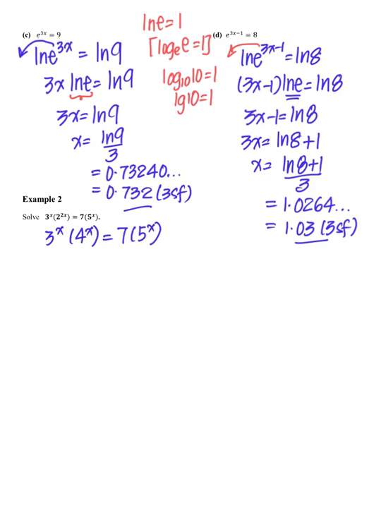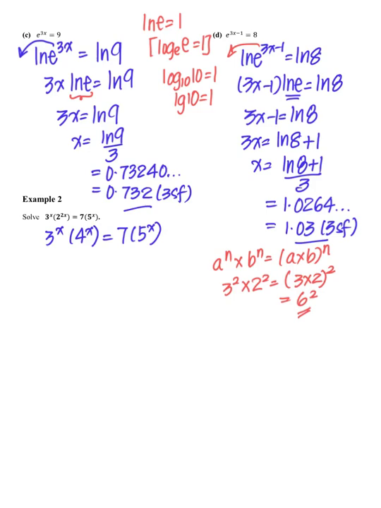Using your law of indices, a to the power n times b to the power n is equal to a times b to the power n. For example, 3 square times 2 square is actually 3 times 2 all square, which is 6 square, which is correct: 9 times 4 is 36.